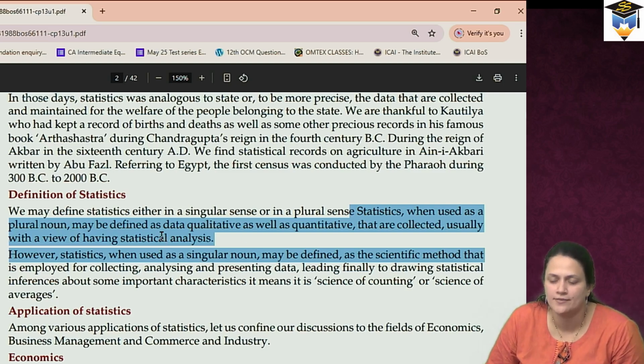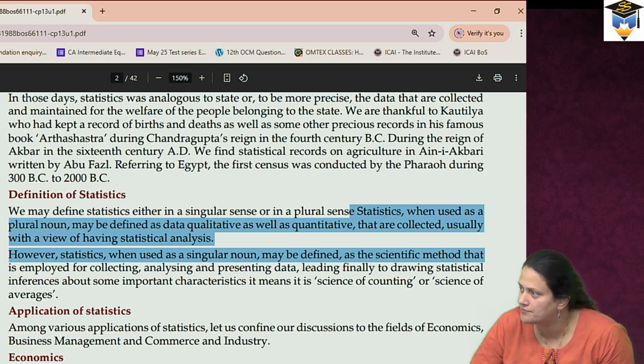Statistics may be defined as data which is qualitative as well as quantitative, that are collected usually with a view of having statistical data.